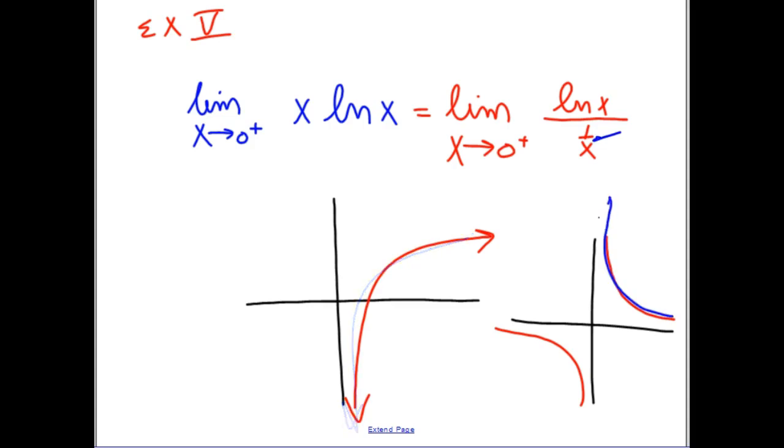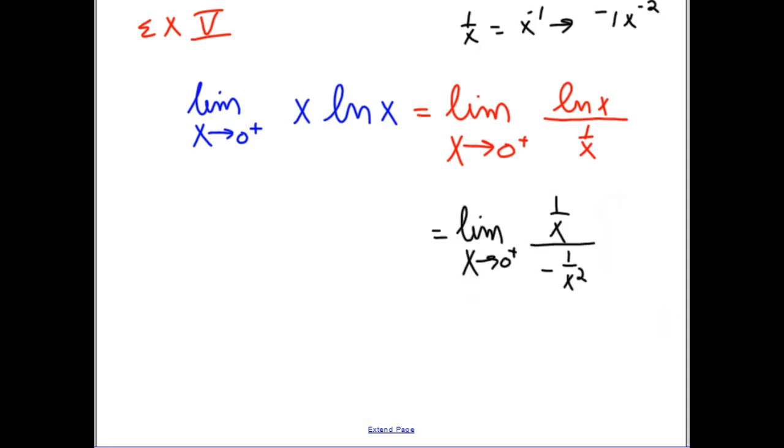So I got an infinity over infinity. So L'Hopital's rule applies. I can take the derivative of each one. The derivative of natural log is 1 over x. And 1 over x is x to the negative 1, and the derivative of that is negative 1 over x squared.